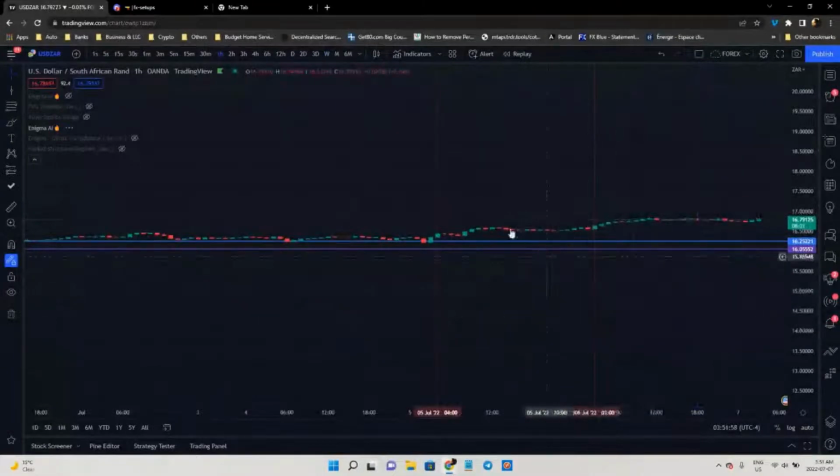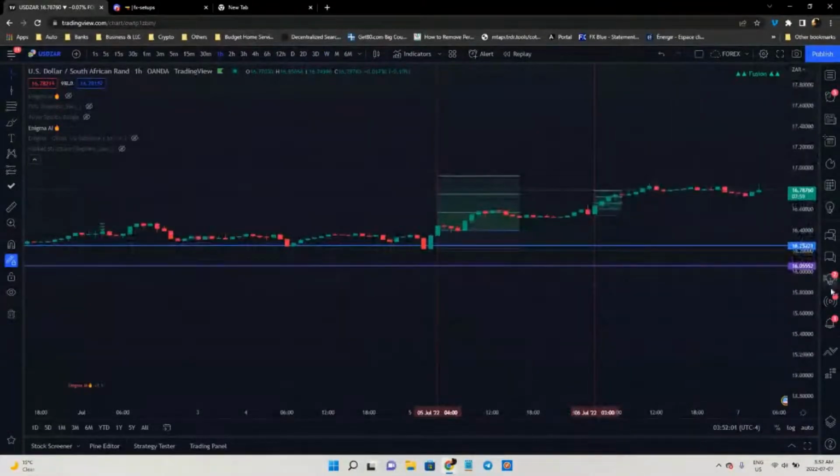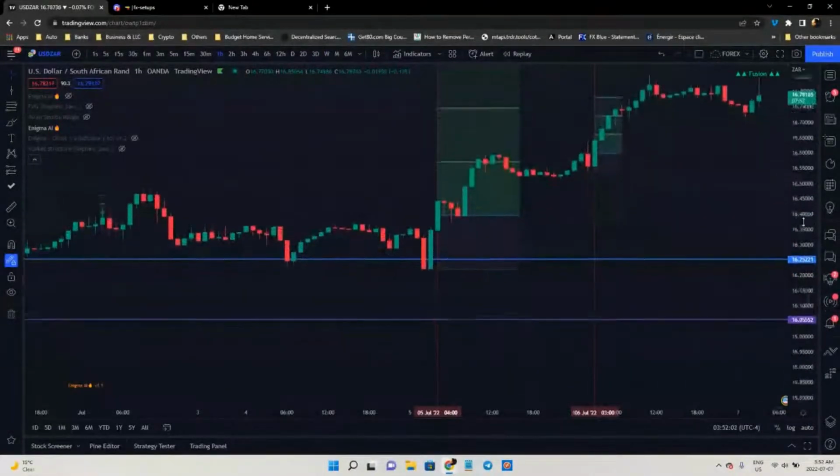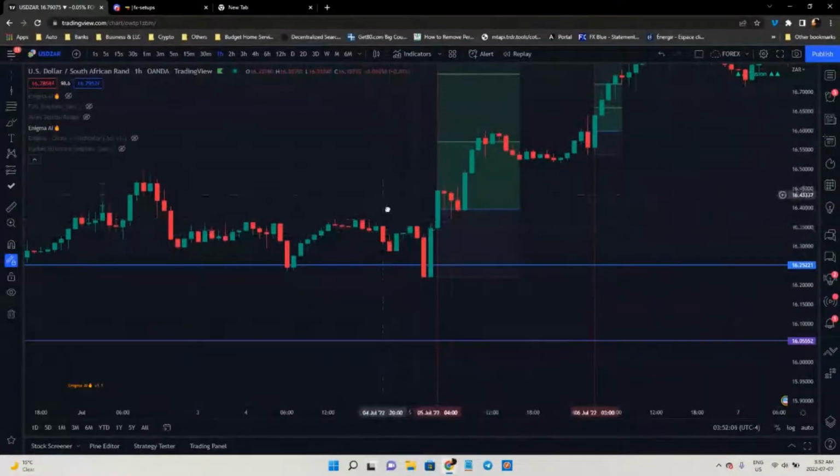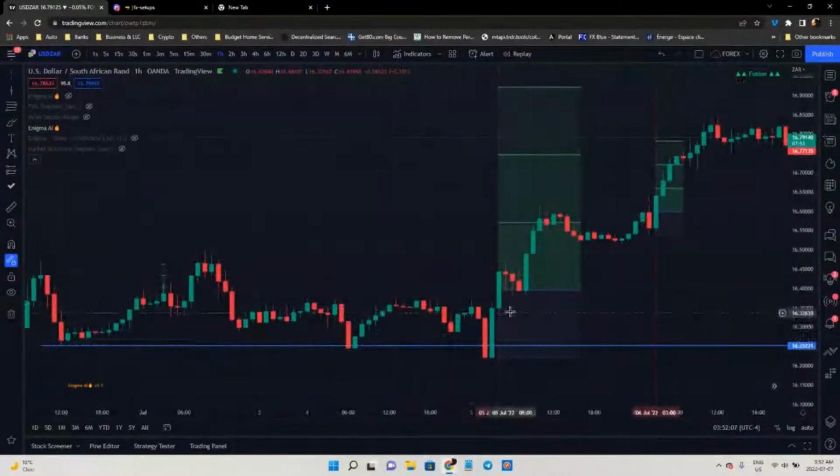Okay, so now we go back on the H1. And here, this is another pattern, like the same thing that I talked to you about a few minutes ago. Engulfing candle, and it closed almost engulfing the last 2 hours.